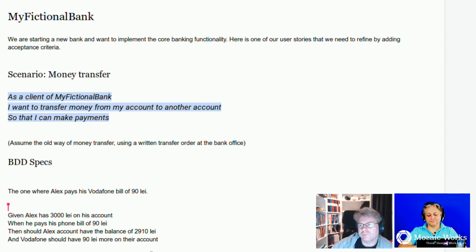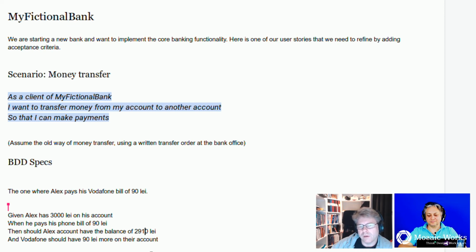It's very easy to bring in too many incidental details here. It's also probably the fact that this will be done through some kind of user interface. And if we are in a modern bank, it's probably a web interface. But you don't see anything about authenticating to the system.